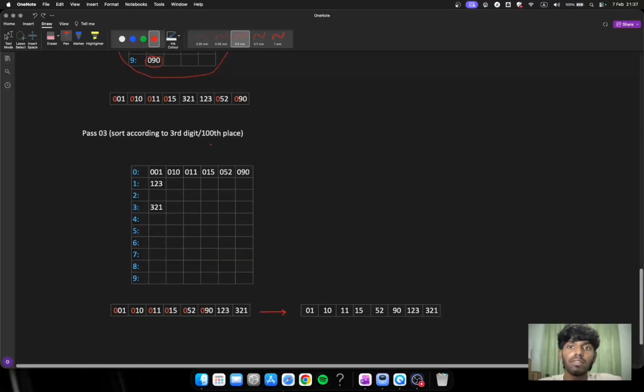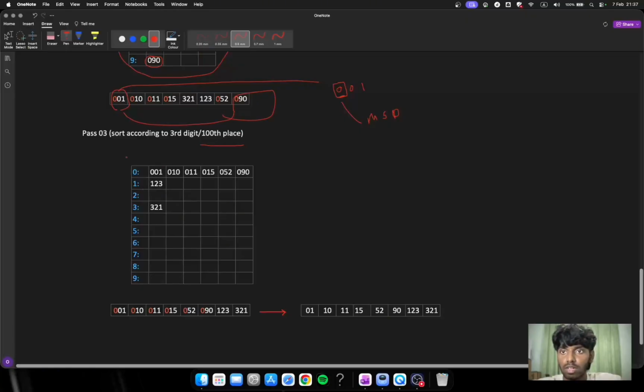Okay, in pass 3 we are looking at the hundreds place. So for 0001 we are looking at this digit, which is the most significant digit. Likewise we're going to fill this up, starting from here and going all the way up to here.